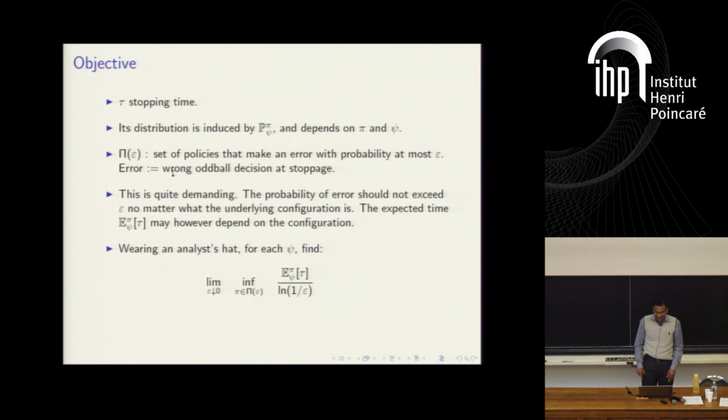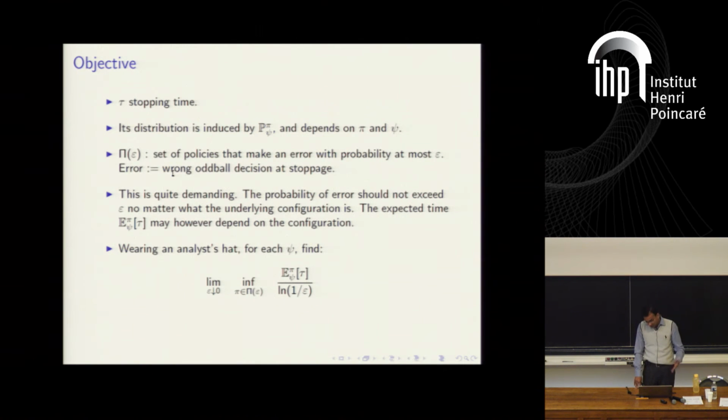Wearing an analyst's hat, for each psi, which is the ground truth or the underlying configuration, what I would like to find out is what is the minimum time for a good policy to stop amongst the class of policies which work very well, in the sense that the probability of error is less than or equal to epsilon on any configuration.